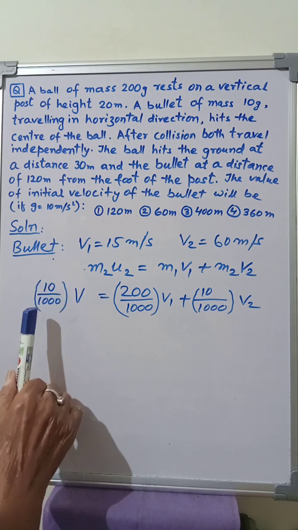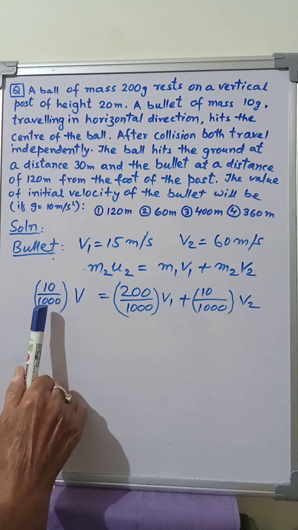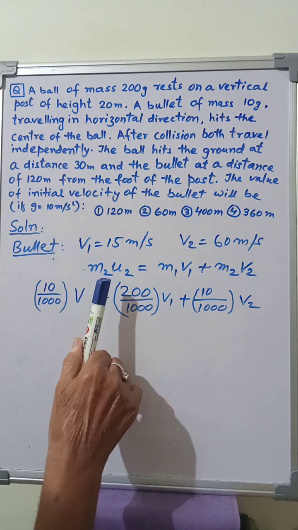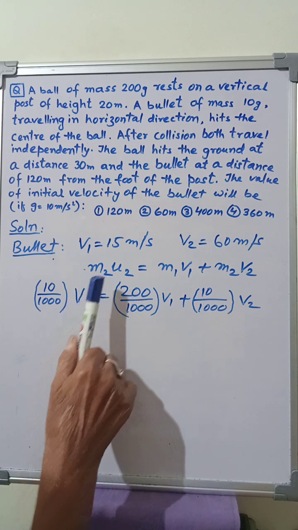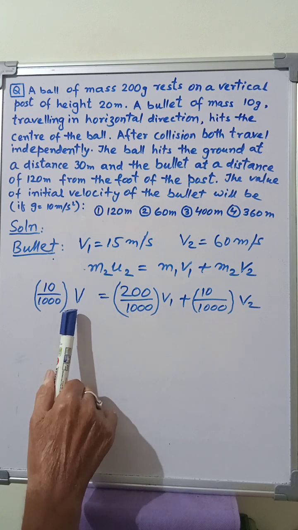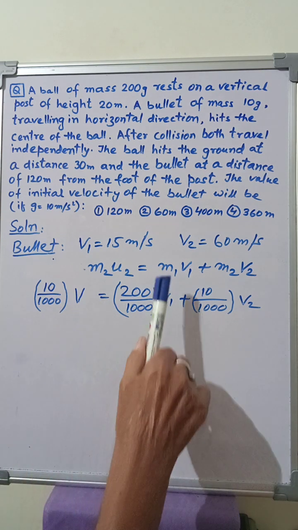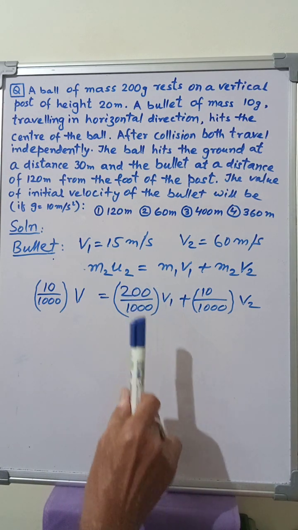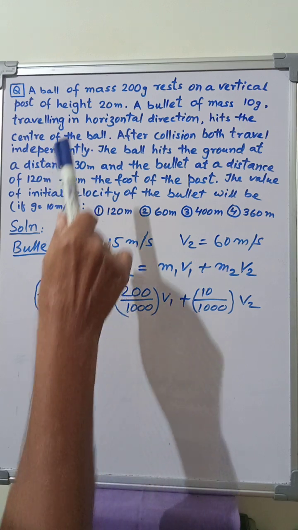Therefore, we write 10 divided by 1000 in kg into V, because the initial velocity of the bullet, we assume it is V. Therefore, we want to find out the value of V. On the RHS of the equation, m1 v1. m1 is the mass of the ball, which is 200 grams.